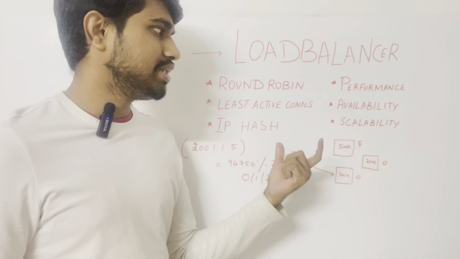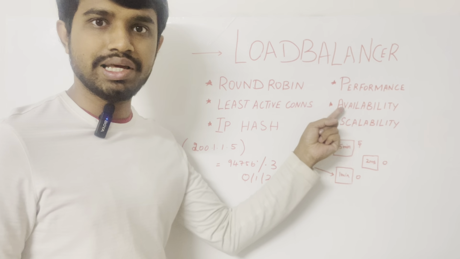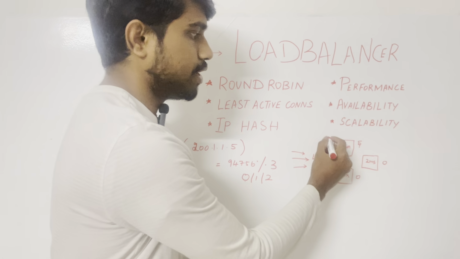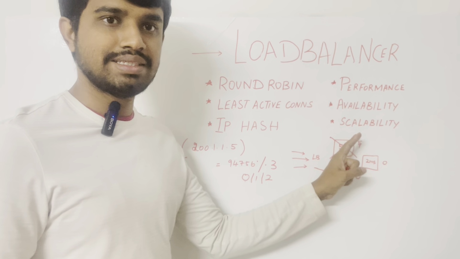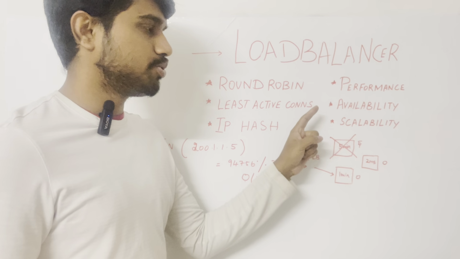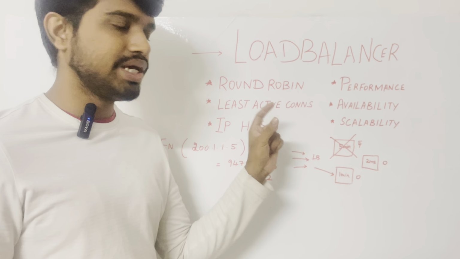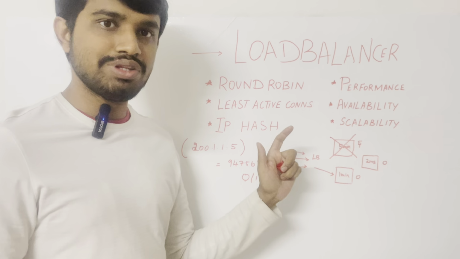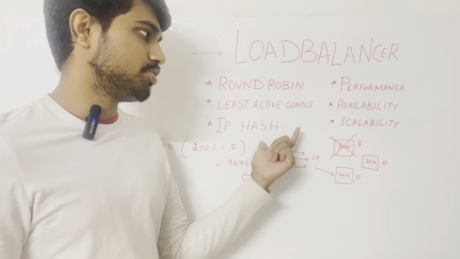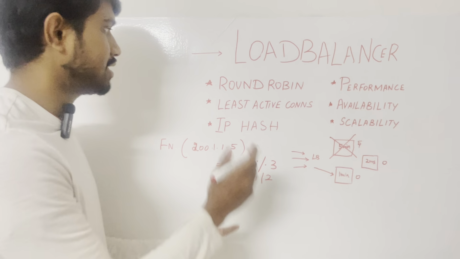Another important thing I would like to mention here is, we saw in the availability that if one server is down, the load balancer knows it and sends requests to the other two servers. In order to achieve that, the load balancer will keep on pinging or looking out for your servers to see if they are healthy, up and running. That concept is called health monitoring or health check.